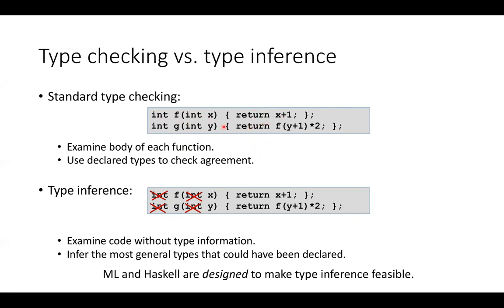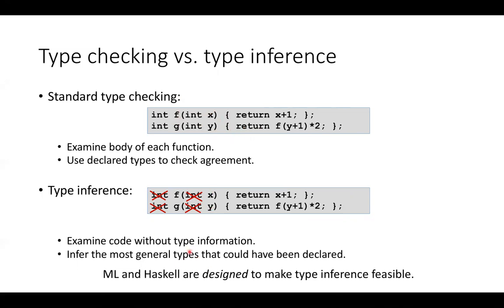Maybe we've got this G which calls F, and we can use the type information in F and G, and maybe even a little bit of type information from built-in operators like plus and things like constants, to make sure that all of the types that are being passed into all of the functions match. So this is the thing that you're going to code up for your last lab, type checking. You're given a bunch of annotations, and you just need to make sure that everything checks out.